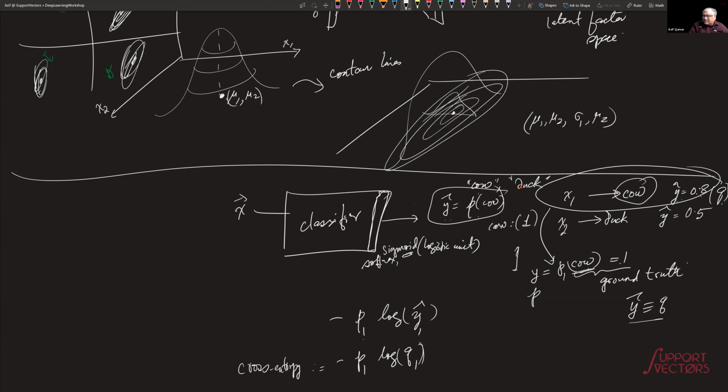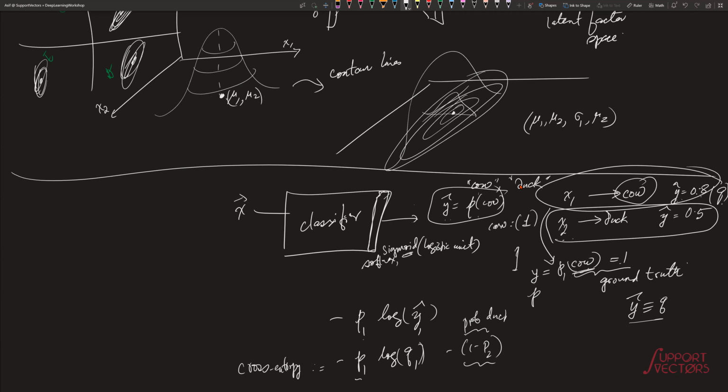Let's take this. And likewise, let's go to the duck. What is the probability of a duck? It is 0, right? So you can say 1 minus P2 times, which is the probability of a duck. No, P2. The second data point is duck.